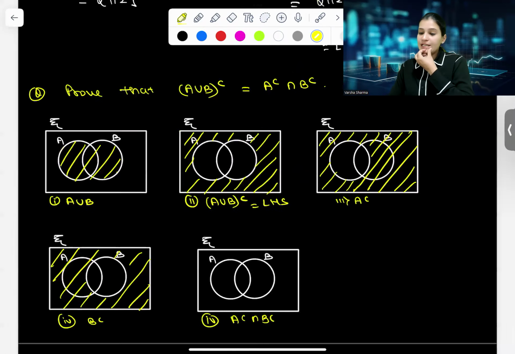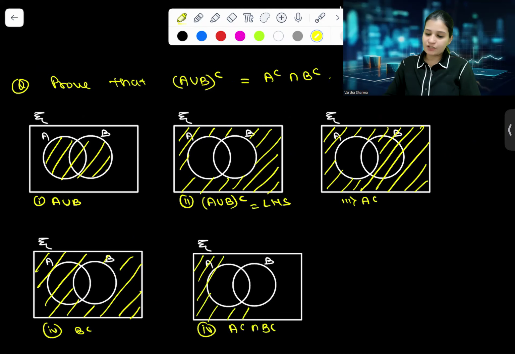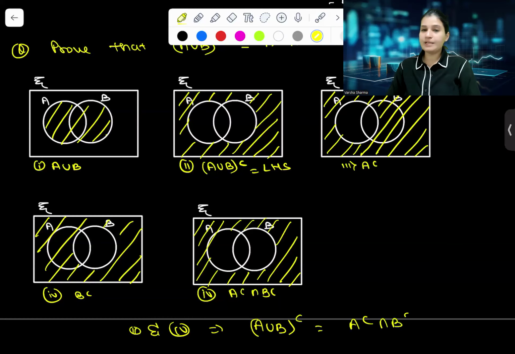So in table 3 and 4, what is the common part? Outside the two circles is the only common part that is shaded in both the regions. So from table 1 and table 4, we see that A union B whole complement is the same as A complement intersection B complement.